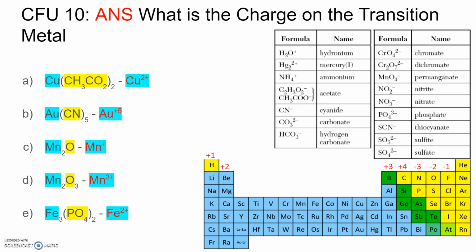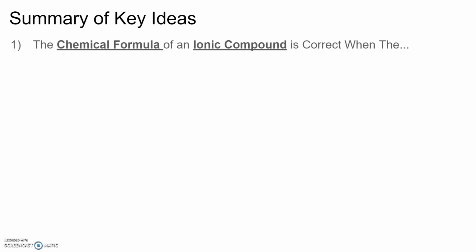Okay, so now that we've gone over these answers, let's summarize some key ideas from this lesson. The first key idea is that the chemical formula of an ionic compound is correct when, first off, the sum of ionic charges equals 0. So when you add up all of the charges, they have to equal 0.